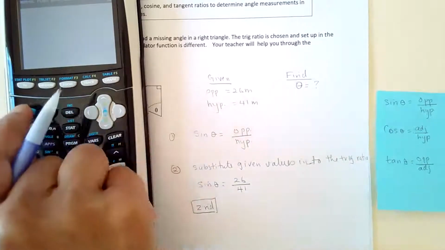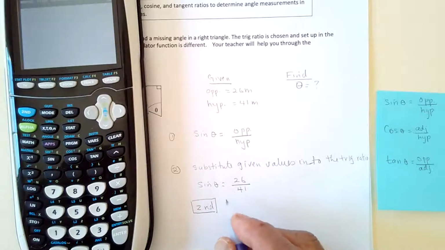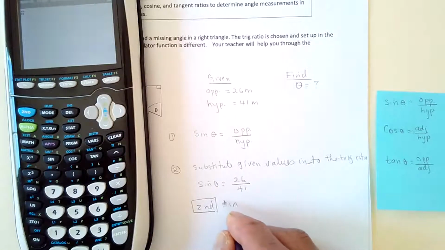It's in blue on this graphing calculator. On your calculator, you may find it's a second button, or you may find an inverse button. Next, I will press my sine function.